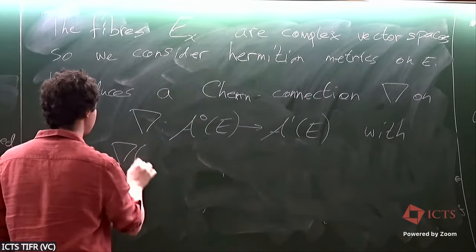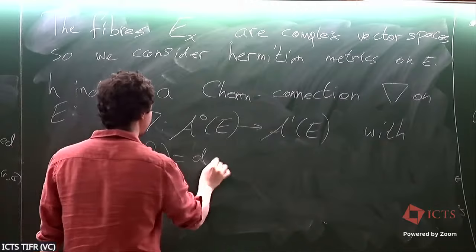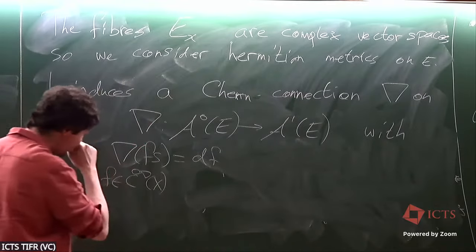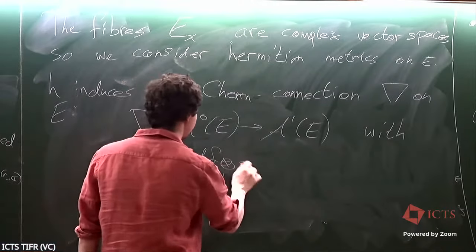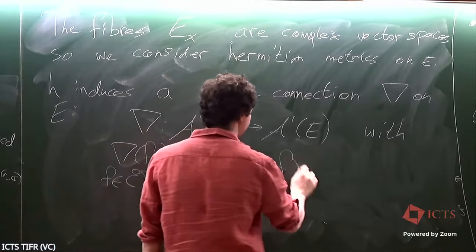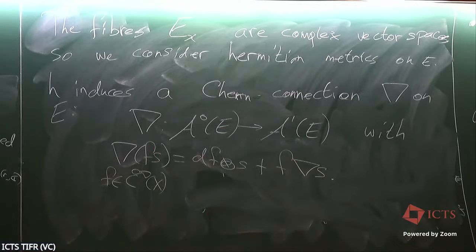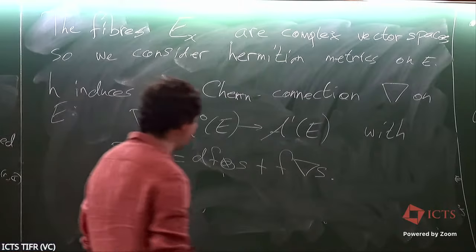So nabla of fs is equal to, where f is a smooth function on X, df tensor s plus f nabla s. This is a sum of one-forms with values in E. That's just the definition of a connection.